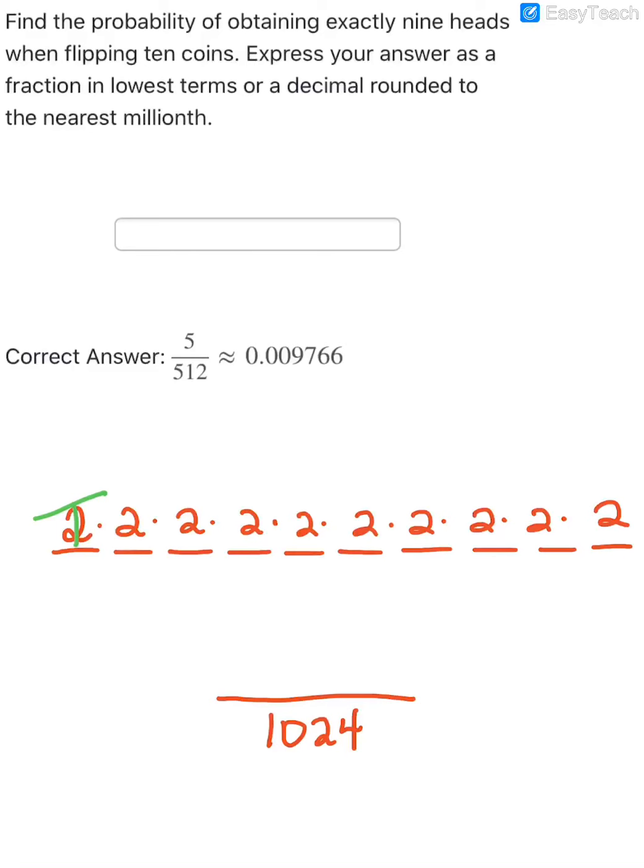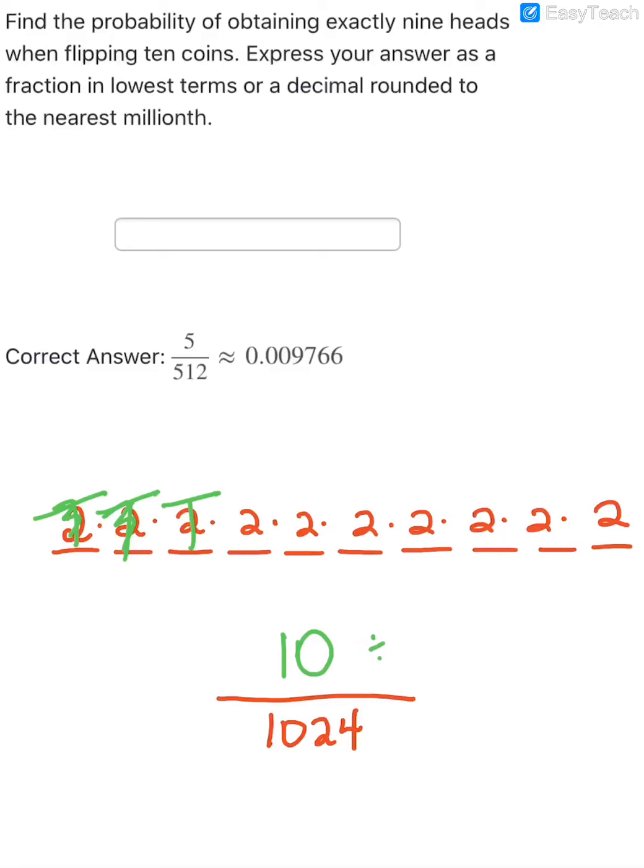Or the 1 tail could be in the second position, so that would be 2 ways. Or it could be in the third position, and so on. So in other words, there are 10 different places that your 1 tail could end up. And if you have 1 tail, then that means you have 9 heads somewhere else. So this would represent the probability of getting exactly 9 heads when flipping a coin 10 times.